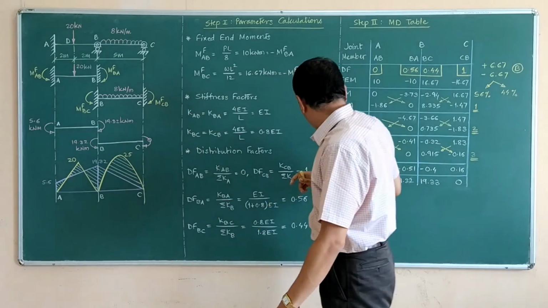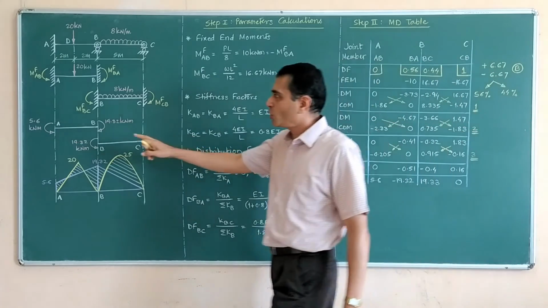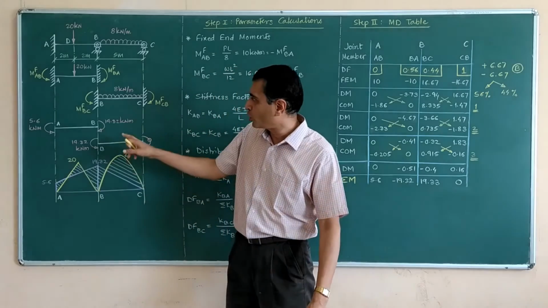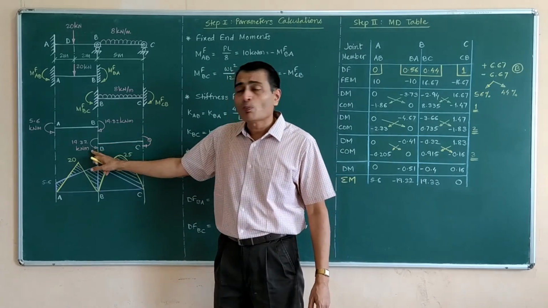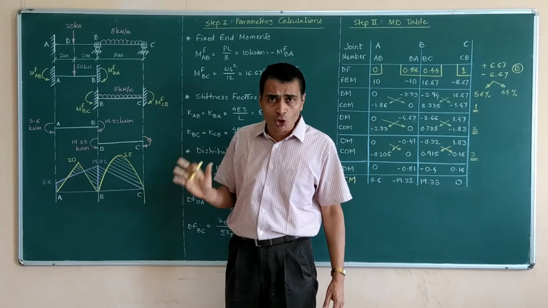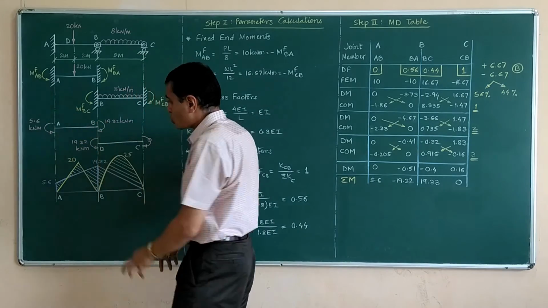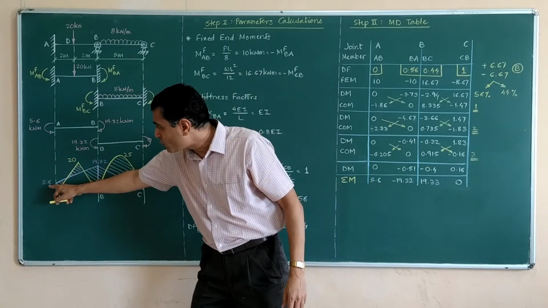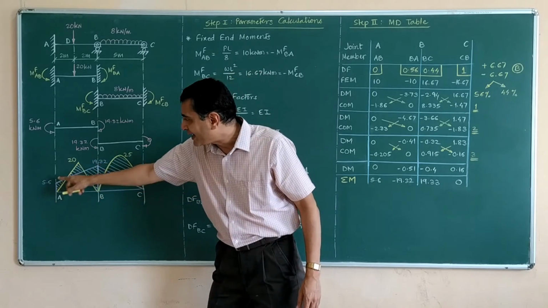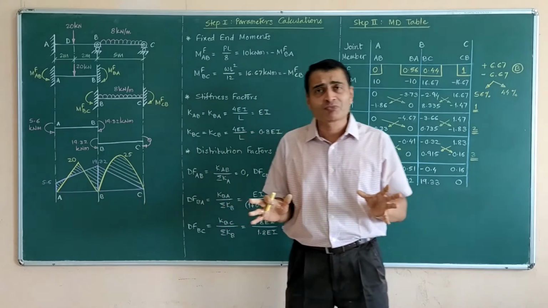So our answers were positive 5.6 means anti-clockwise 5.6, negative 19.32, so clockwise 19.32, positive 19.32, so anti-clockwise, and finally of course 0. Obviously these two moments are hogging, this is also hogging, so I started with negative 5.6, negative 19.32 and 0, and I have developed these joint moments, the hogging moments diagram.